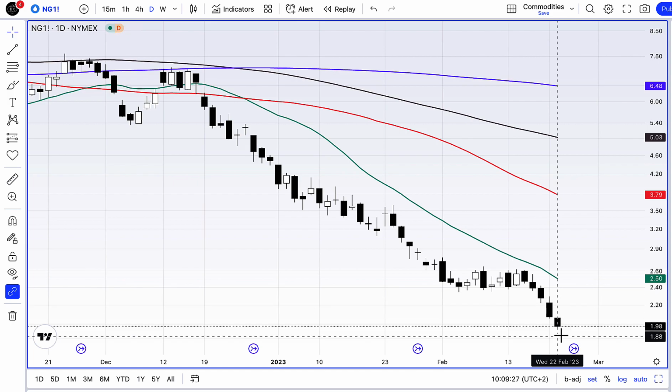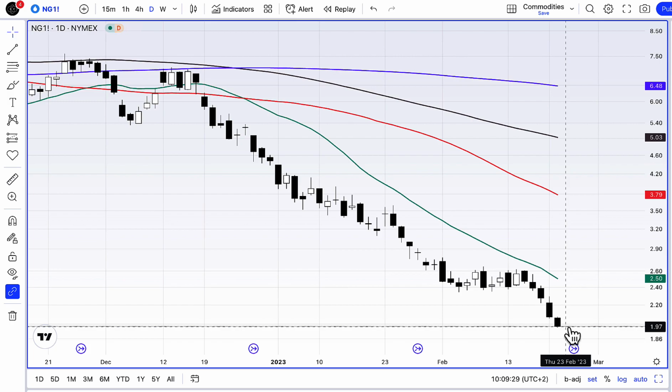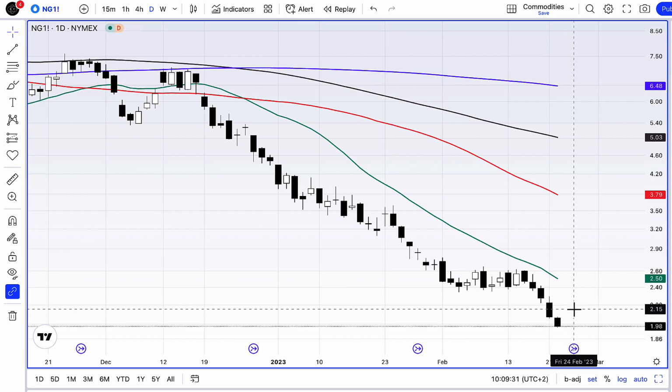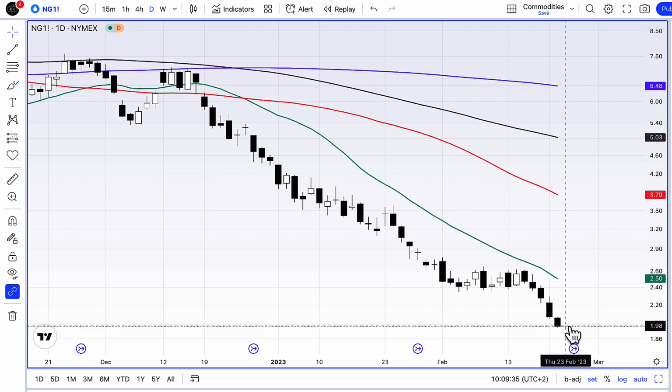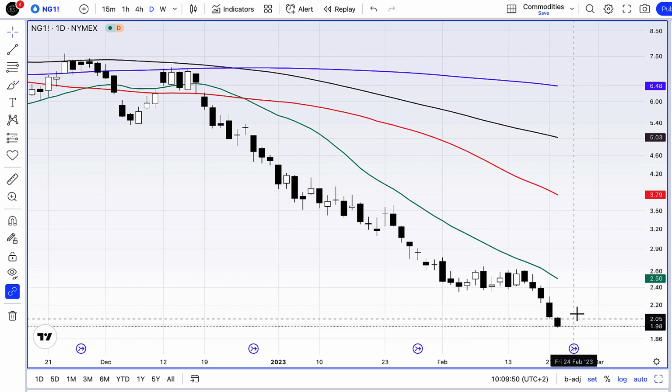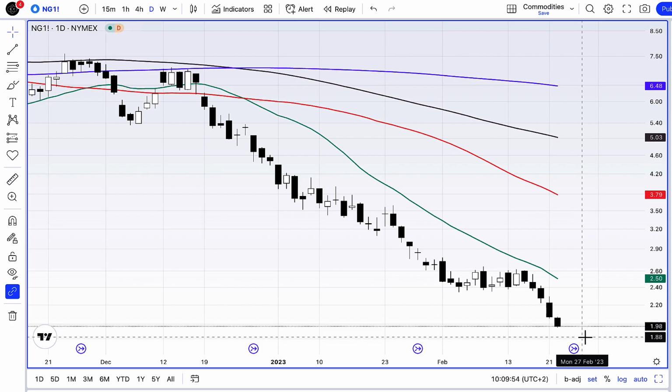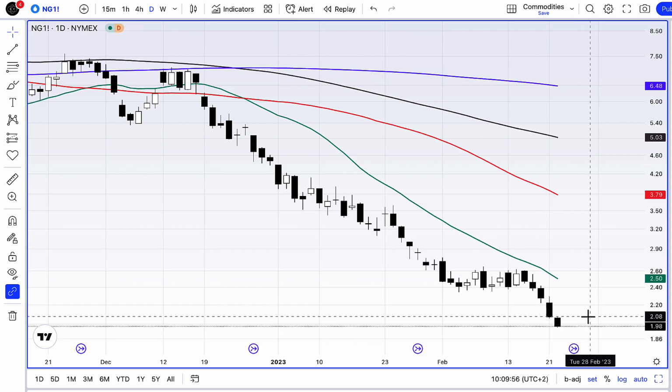So right now, there's no cause or reason to be buying natural gas. If you're still long in your position, you may as well just hold it, I guess, as long as you can withstand the risk, as long as it fits within your plan, as long as you're not risking too much of your account and you understand exactly what you're doing in terms of risk. But if you're looking to enter into this trade, now is not the time. There is no signal to buy this at all. As I said, we could get down to 1.8 for a start.